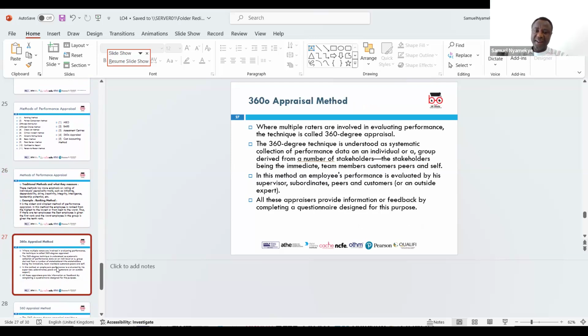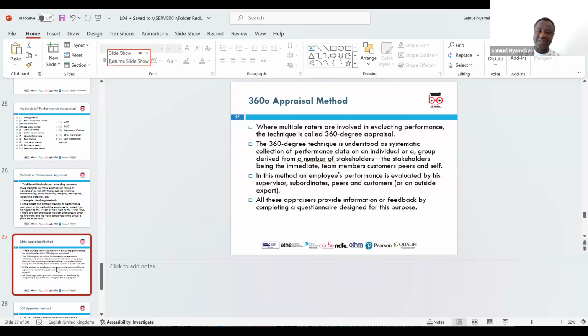It is understood as a systematic collection of performance data on an individual or group, derived from a lot of stakeholders. So who are these stakeholders?